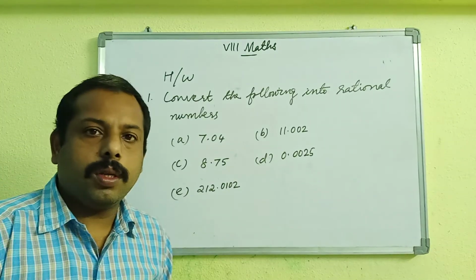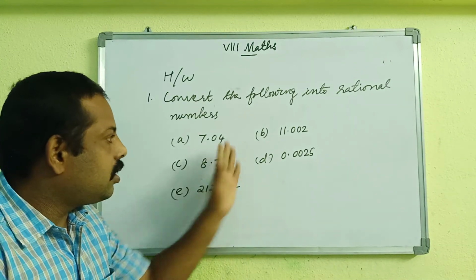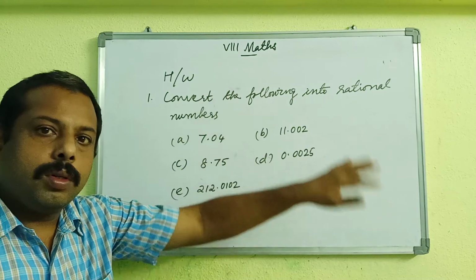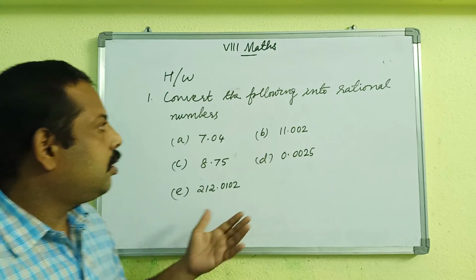So these problems you can solve. That means convert these decimal numbers into rational numbers.